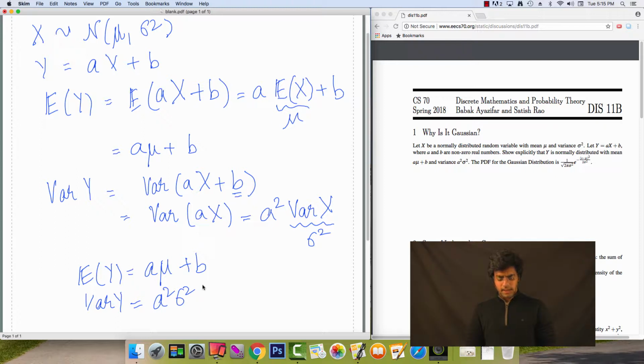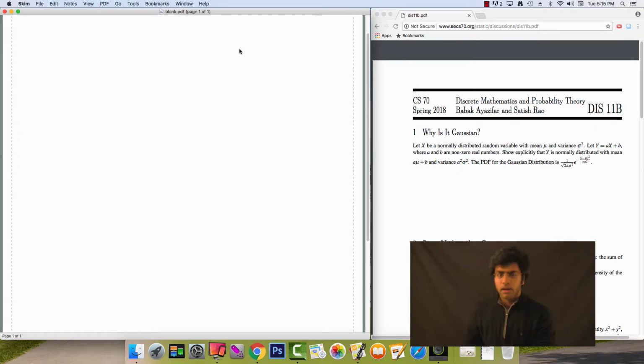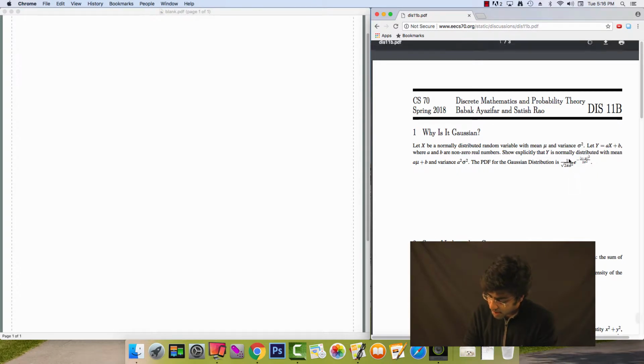Now what's amazing is not only are these things true, but Y follows a normal distribution with these parameters. So let's go ahead and prove that. Okay, well, we know that the normal distribution has this complicated looking PDF right about here. However, what we don't know is the CDF of the normal distribution in an explicit form.